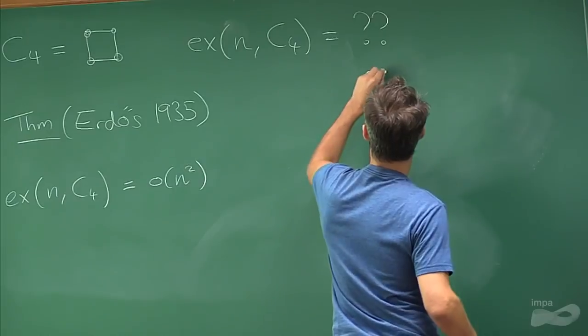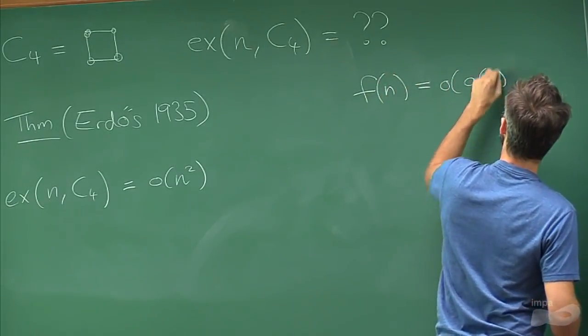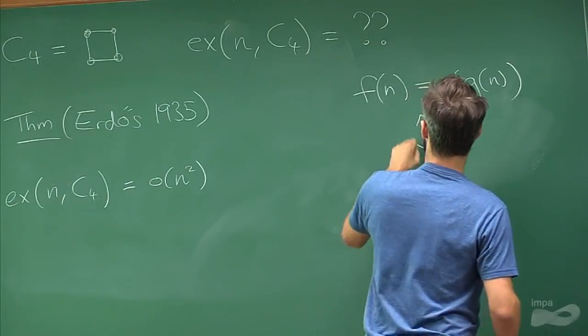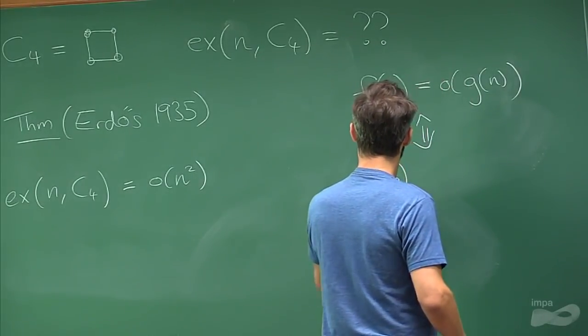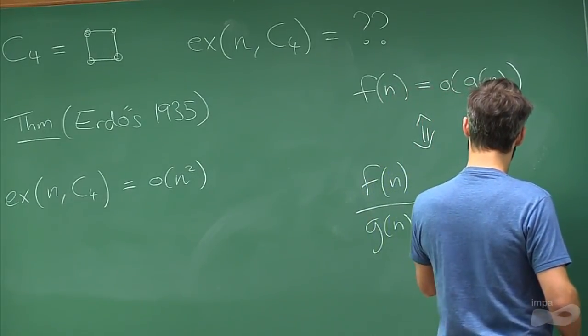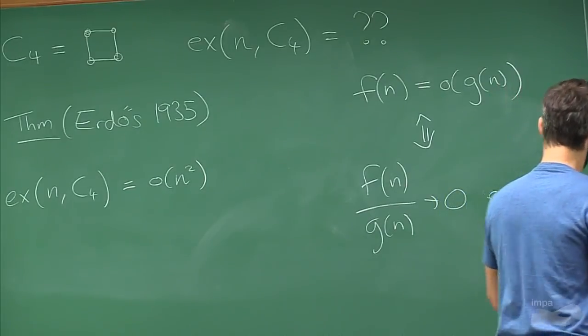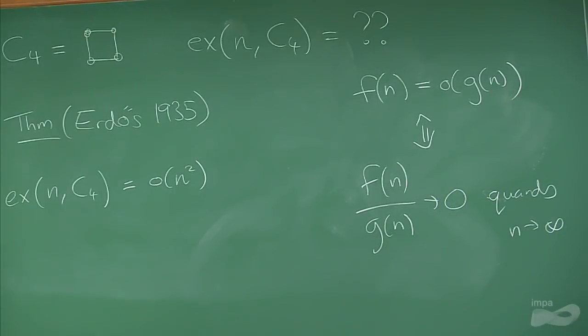Right, f of n is little o of g of n if and only if f of n divided by g of n tends to 0 as n tends to infinity. So smaller than any constant times n squared.